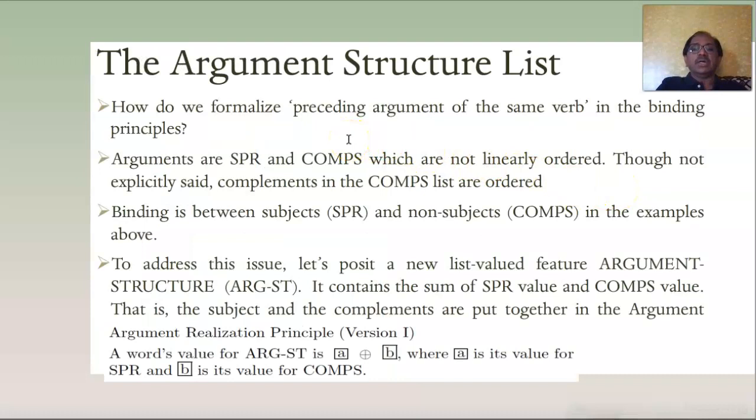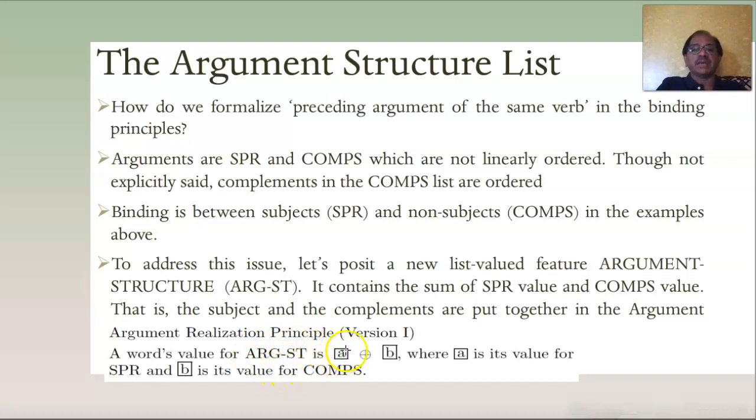In order to formalize the statement, preceding argument of the same verb, we have introduced a new feature called the argument structure list, which is nothing but specifiers and comps together. So we have got a principle called the argument relation principle, which gives the value for the argument structure feature.